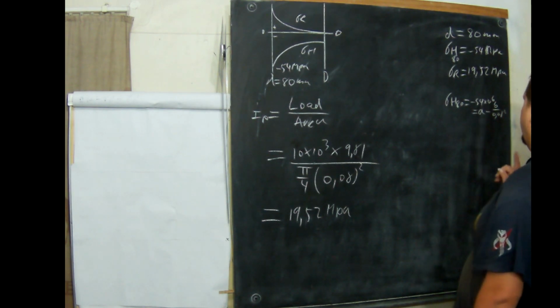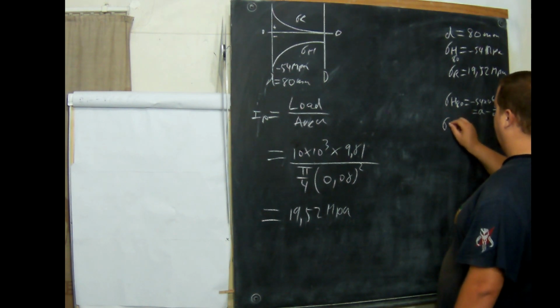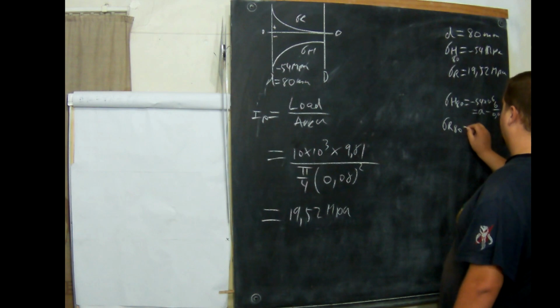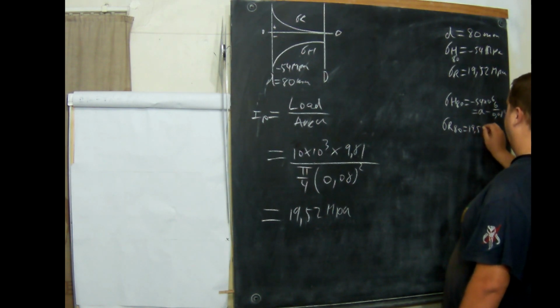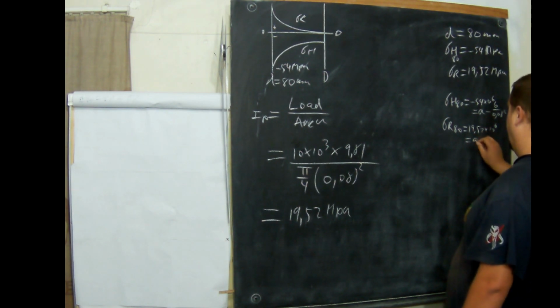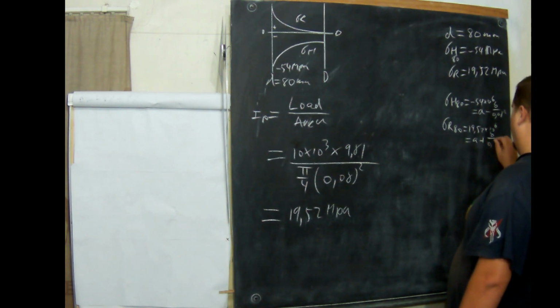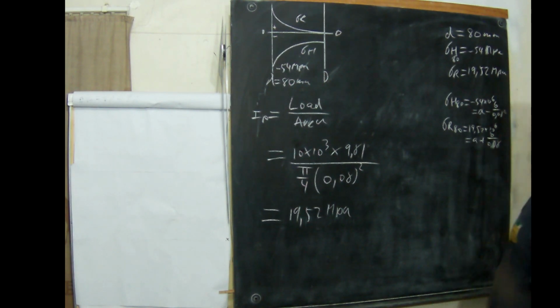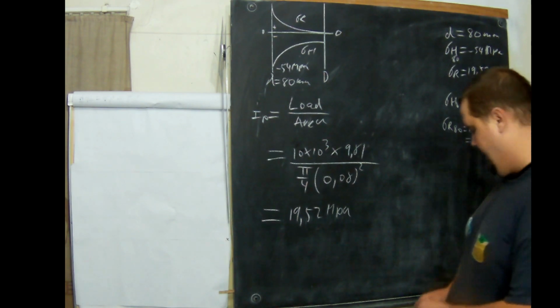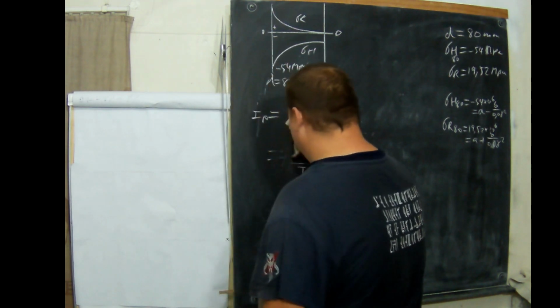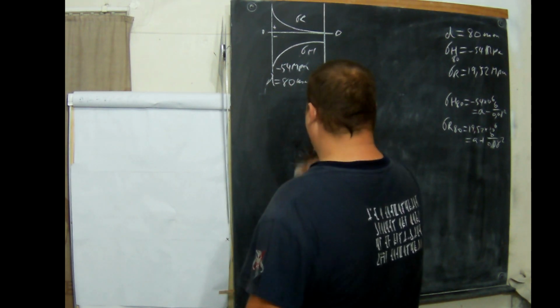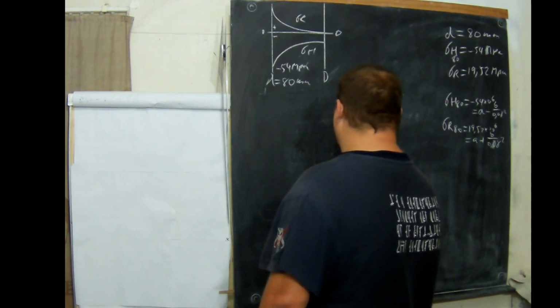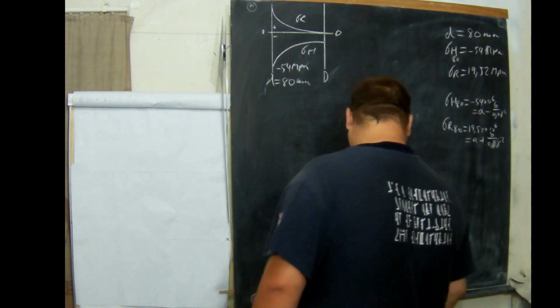Alright, so now what we have is the radial stress at 80 is 19.52 times 10 to the 6, equals A plus B over 0.08 squared. Now, since we've worked that out, we're going to put these two sums together.